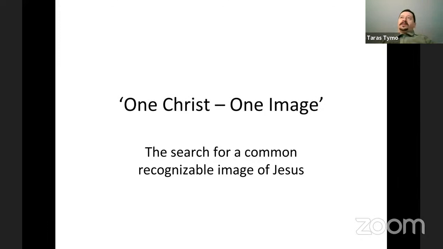So there are two ways to ensure that. The first is to come up with a set of symbols that would accompany the personalistic representation and identify this human figure as Jesus Christ.